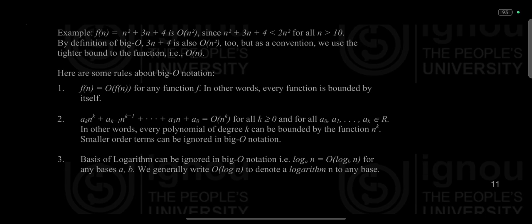Here are some rules about big O notation. 1. f(n) = O(f(n)) for any function f.